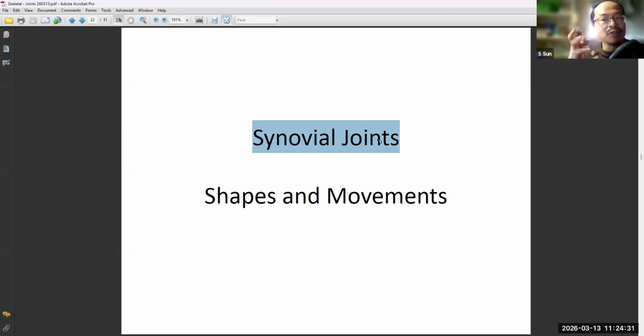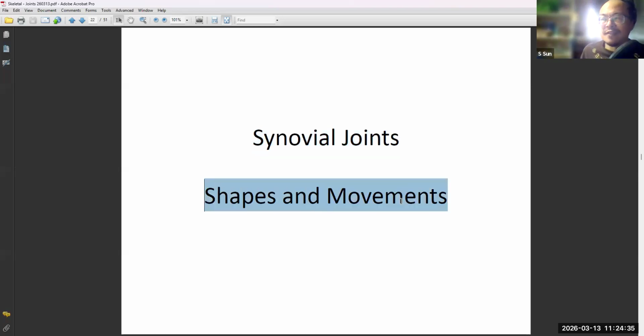It allows the joint to have movement. So we are going to look at what types of movement, and bone-to-bone connections have different arrangements. We will also look into the shapes of those arrangements in our next lecture. All right. So let's take a break and I will come back soon.